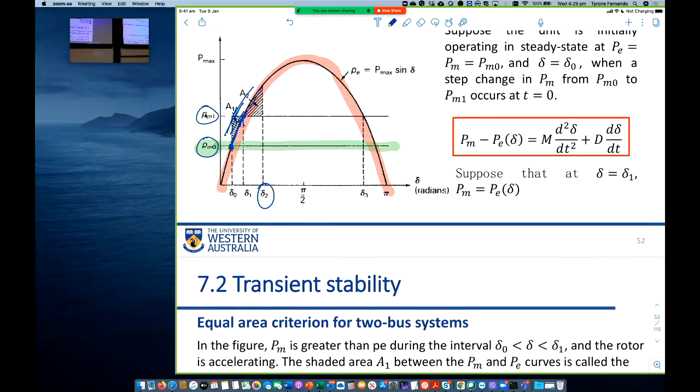If PM0 is quite high, then delta 1 will shift more to the right, which will shift delta 2 more to the right, even past delta 3, and we have a problem. The angle will not come back to the intersection point, and it's unstable.